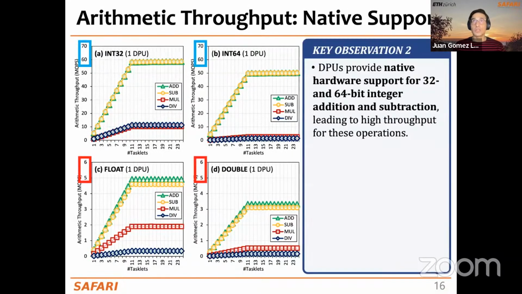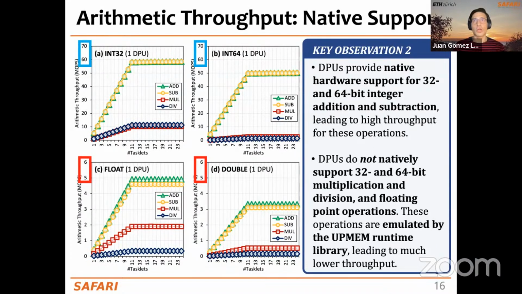Another observation is the large throughput difference between integers and floating point data types, and the reason is similar to what we just saw for multiplication.